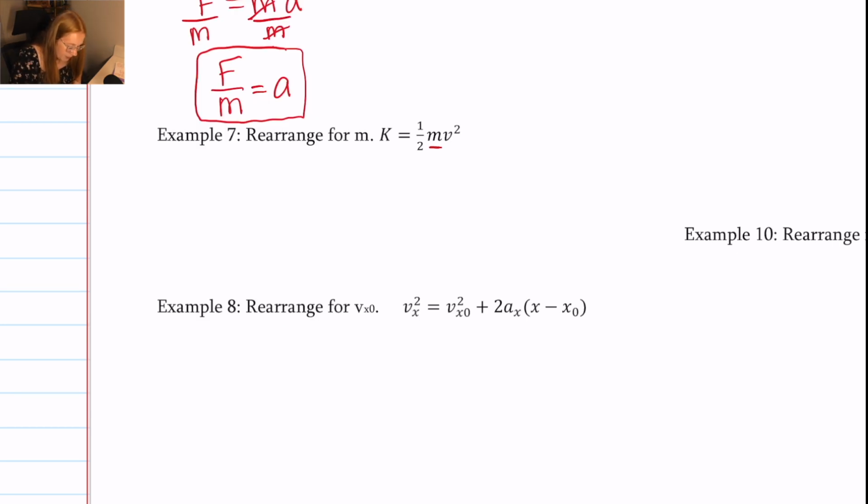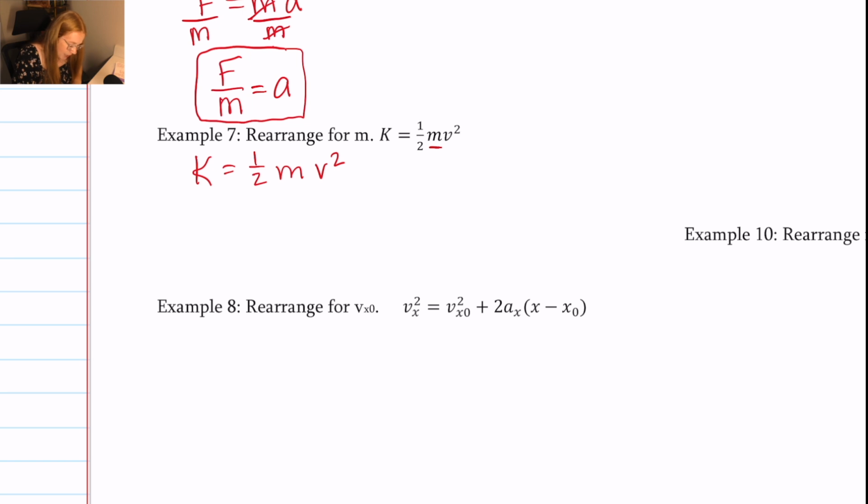So the next example says rearrange for M. So M is going to be our focus. We have K equals 1/2 mv squared. Let me go ahead and rewrite that. K equals 1/2 mv squared. We have a lot going on on that side with m, but just take it step by step, whichever one you want to deal with first. I'll deal with the 1/2 first. If I want to move 1/2 to the other side, it's 1 divided by 2.